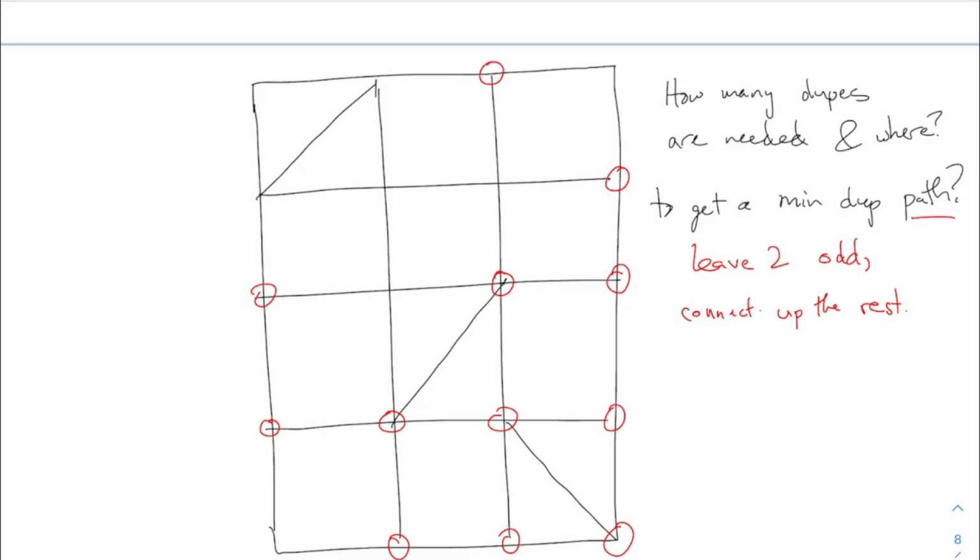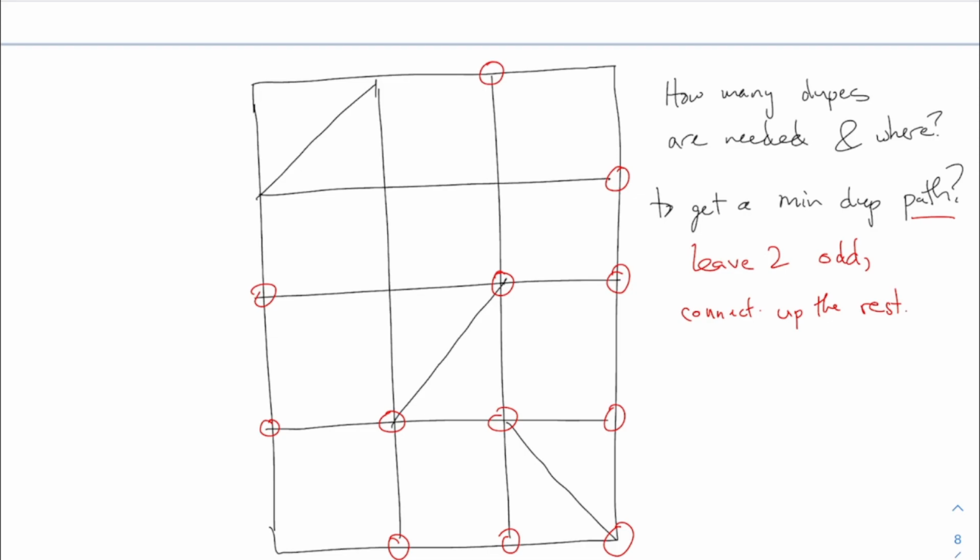I see one odd that's kind of a pain to connect up to the rest of the odds. Yeah, the one on the top. This one is not naturally right next to another odd, whereas all the other ones are. So I'm going to leave this one as an odd. I guess I'll have a leftover odd down here somewhere, but whatever. We'll see about that. So I'm going to keep the one up top odd.